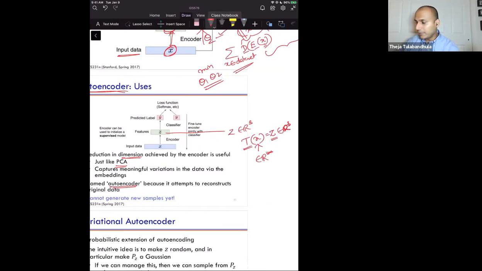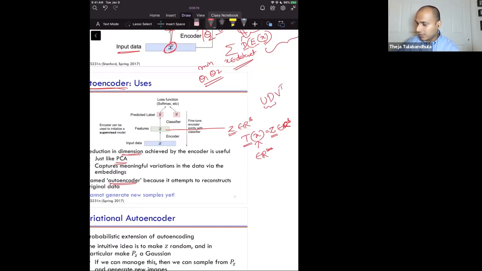Okay, so Z is going to be, if I recall correctly, the principal components. I don't know if you recall UDV transpose. So this is X, and this is N cross D. If you take an SVD, then Z is just going to be one row vector.